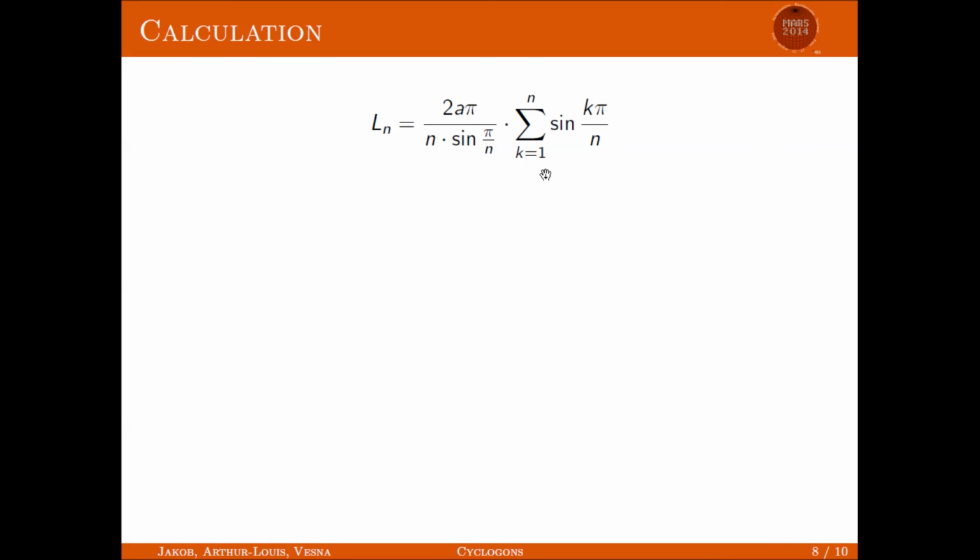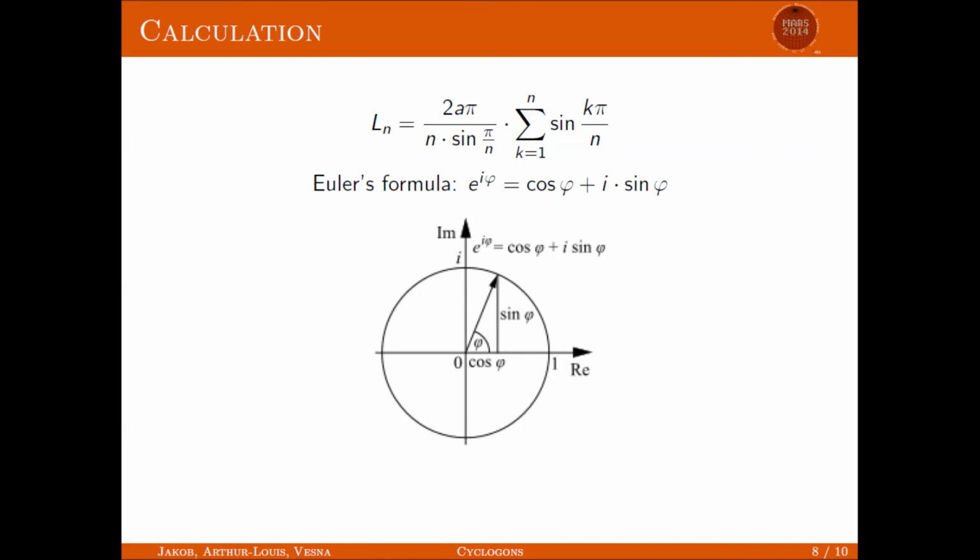In the process, we used complex numbers and Euler's formula. On this picture, we can also see the geometric meaning of this equation. Using this, we managed to simplify the sum that appears in our formula to this.